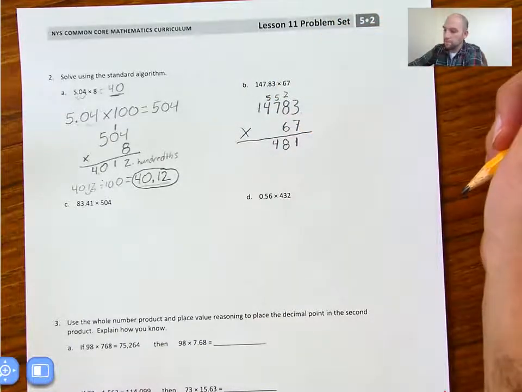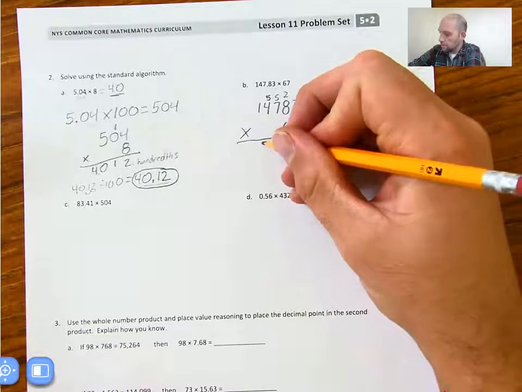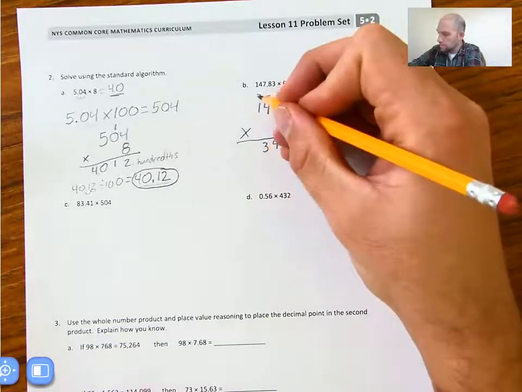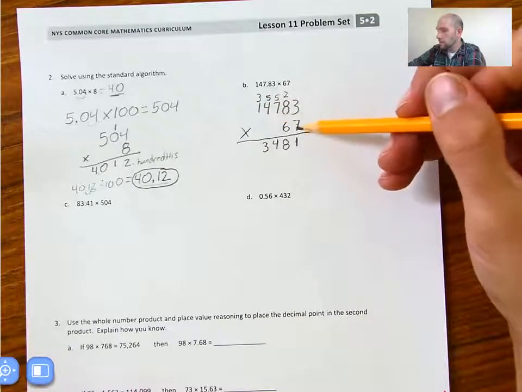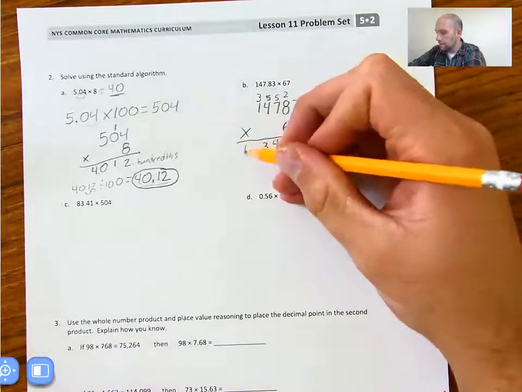Plus 5 is 33. 1 times 7 is 7. Plus 3 is 10.